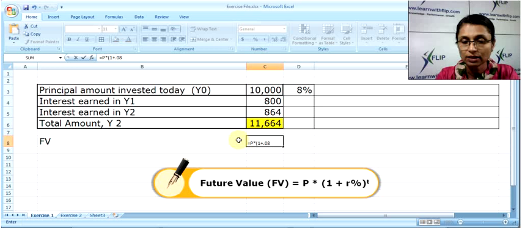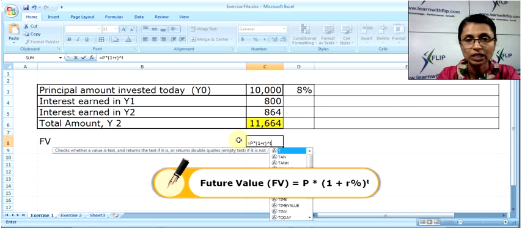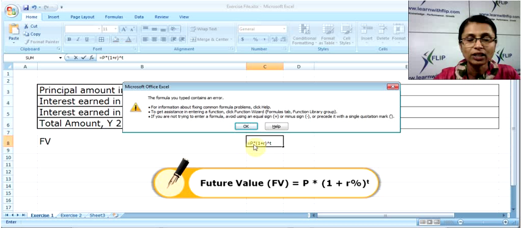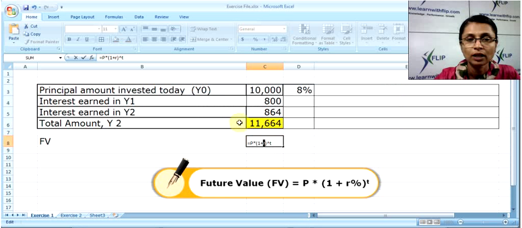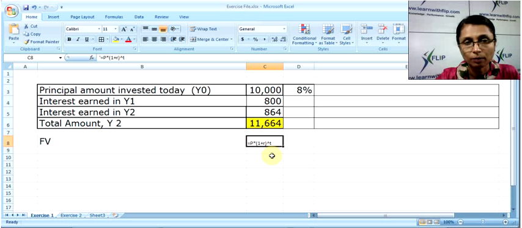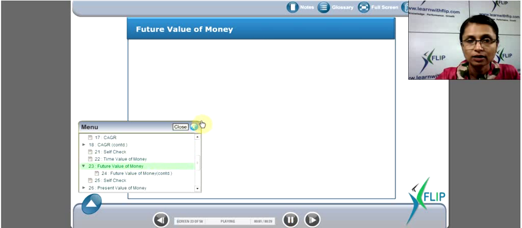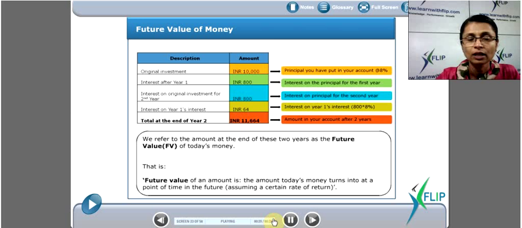So 1 plus R, raised to T. That's your formula. It looks very similar to the formula for compounding, and it is because future value is arrived at after calculating compound interest.